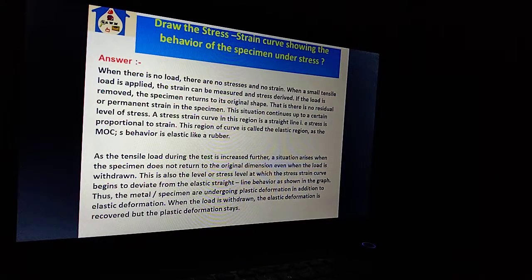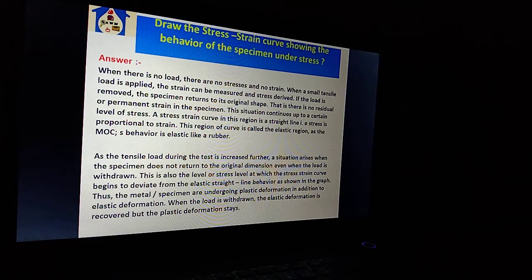If the load is removed, the specimen returns to its original shape. That is, there is no residual or permanent strain in the specimen. This situation continues up to a certain level of stress.